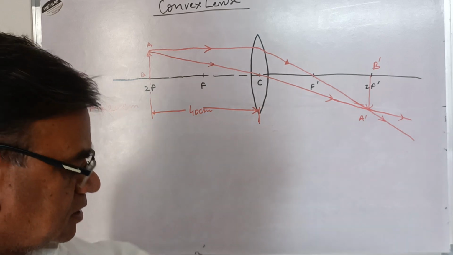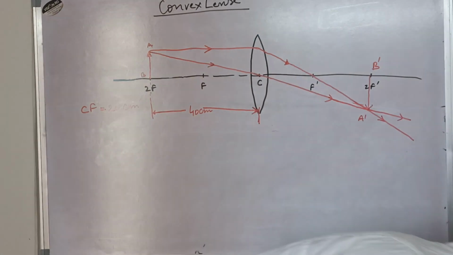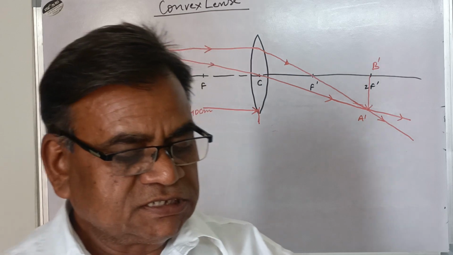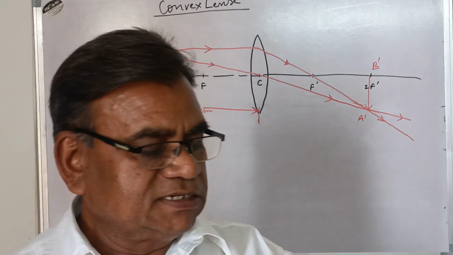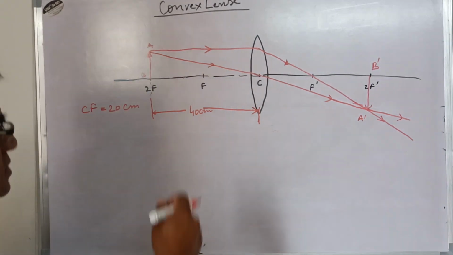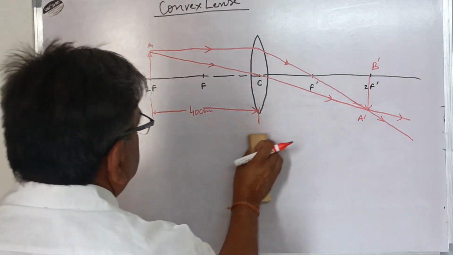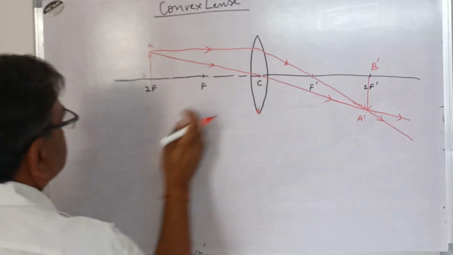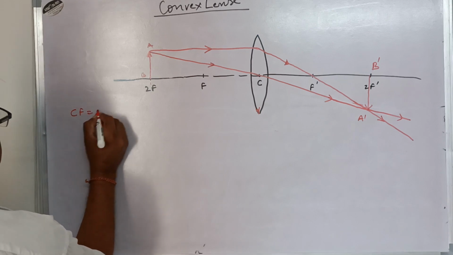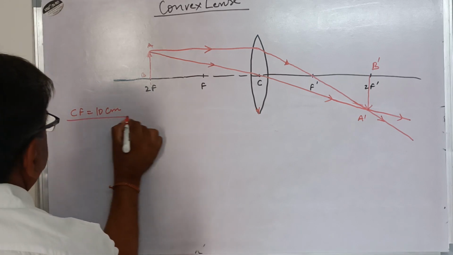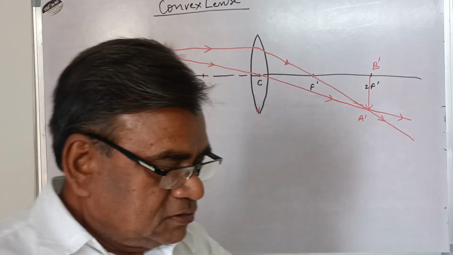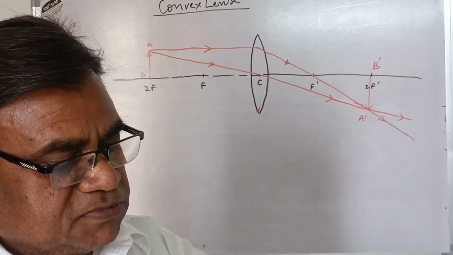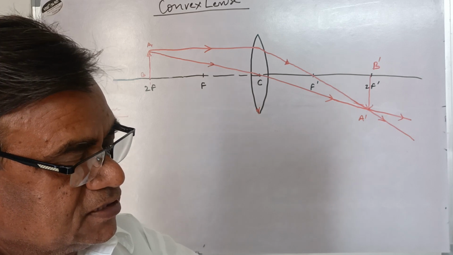Now, number 3rd. Here carefully. An object is placed at the following distances from a convex lens of focal length 10 centimeter. ये convex lens है. The same lens. Its focal length is 10. Any CF is equal to 10 centimeter. Now, an object is placed at the following distances from the lens of focal length 10 centimeter.